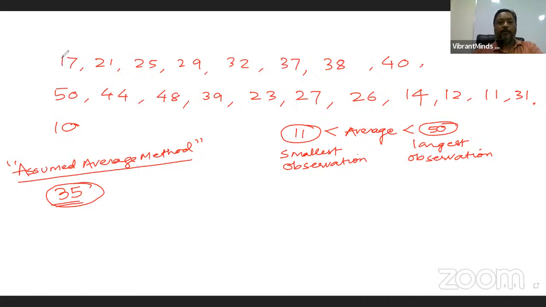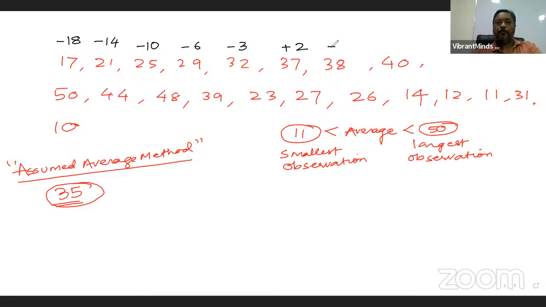So 17 minus 35, what will be? Minus 18. 21 minus 35 is minus 14. 25 minus 35 is minus 10. 29 minus 35 is minus 6. Minus 3.